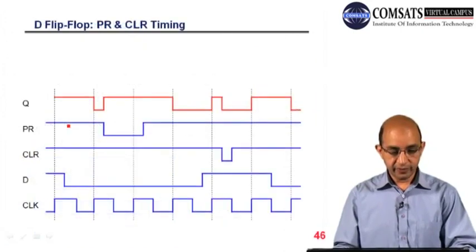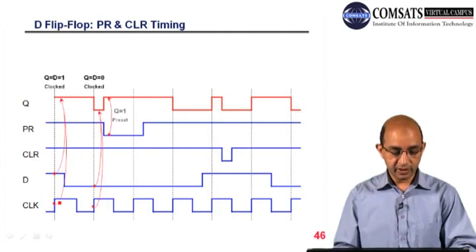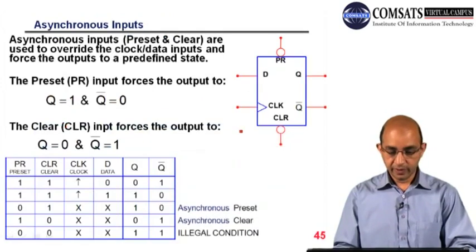Here we have the D flip-flop timing diagram, but the addition is preset and clear. Preset is active low due to this bubble, and clear is also active low due to this bubble.